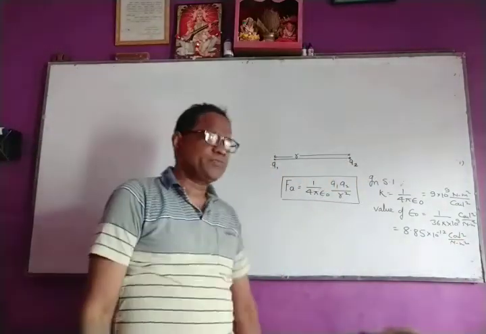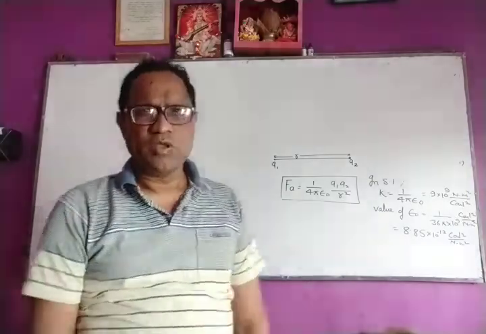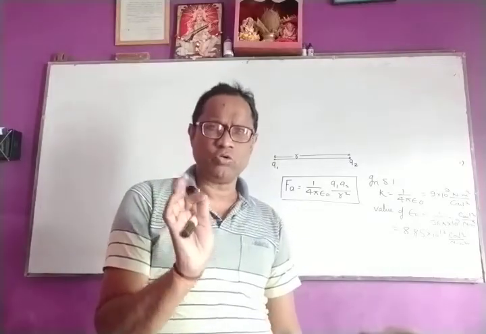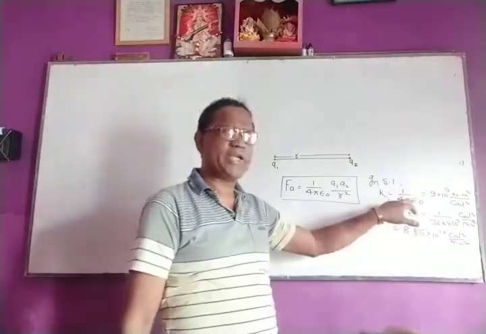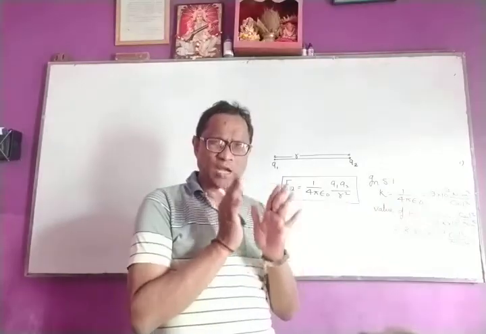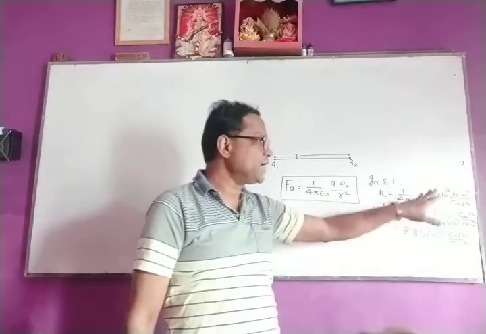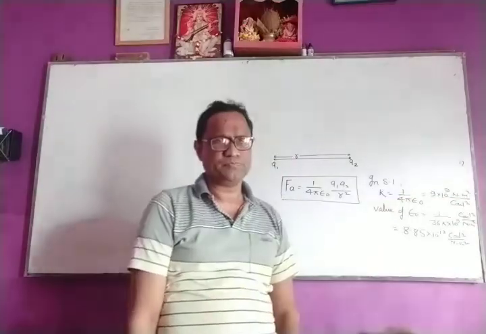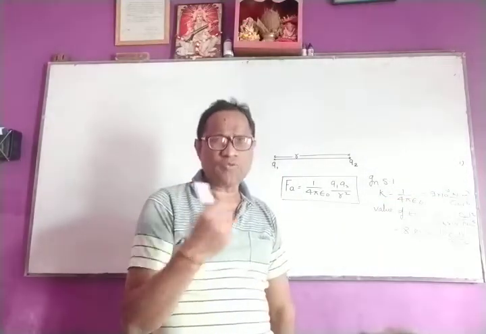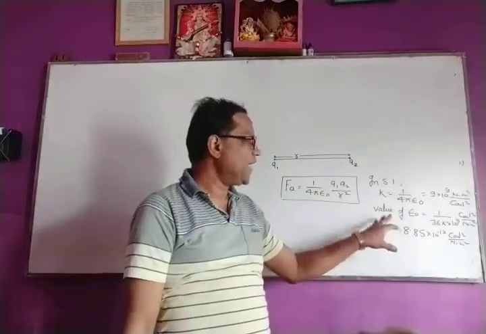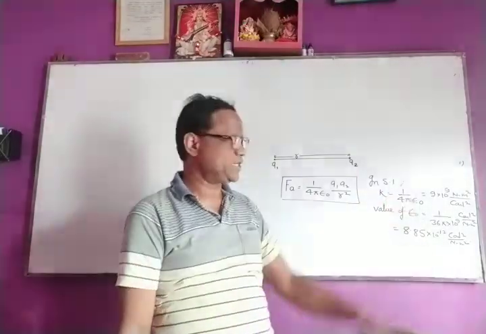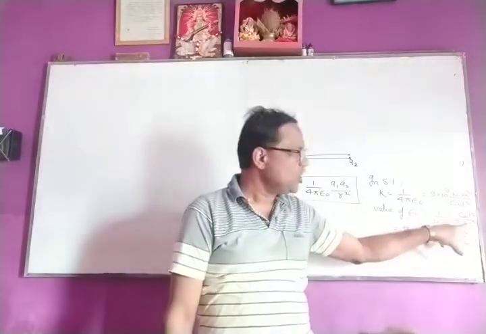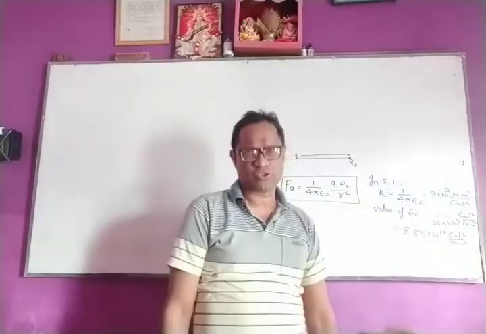We see in Coulomb's law that in SI small k is equal to 1 upon 4 pi epsilon naught, and its value is equal to 9 into 10 power 9 Newton meter square by Coulomb square. We can also find the value of epsilon naught from this expression, 1 upon 36 pi into 10 power 9 Coulomb square by Newton meter square.